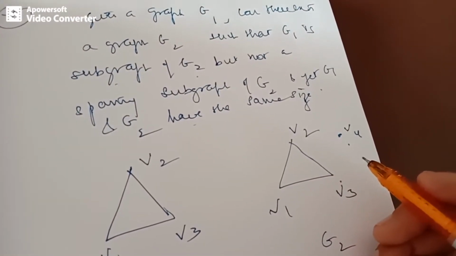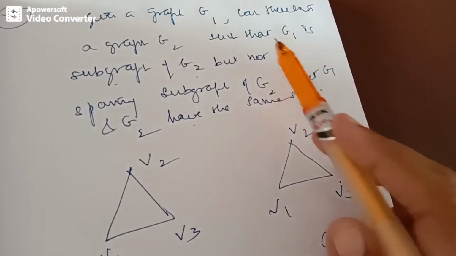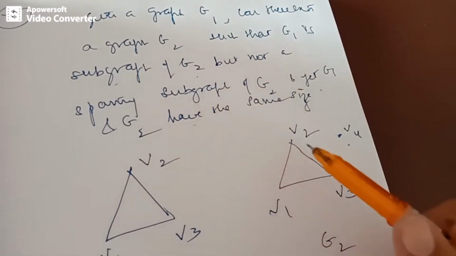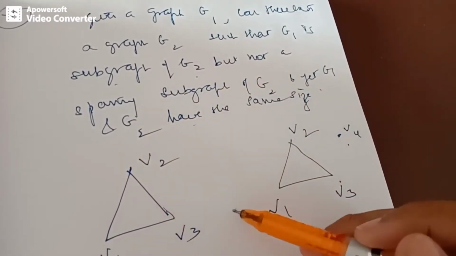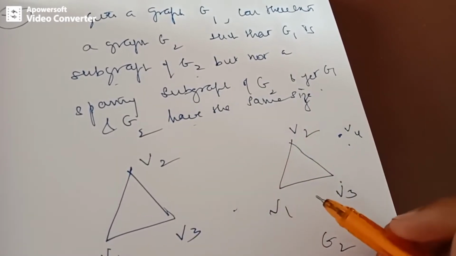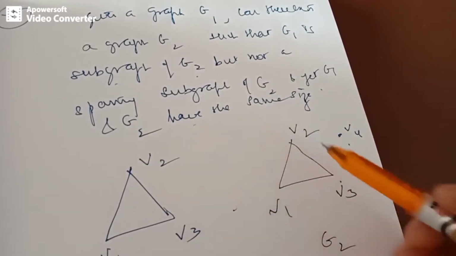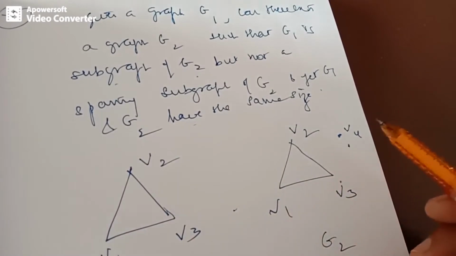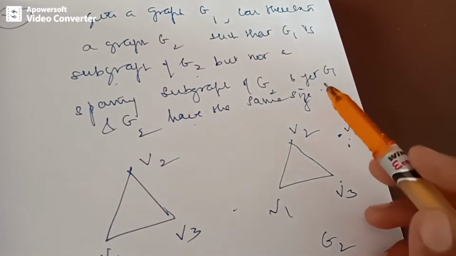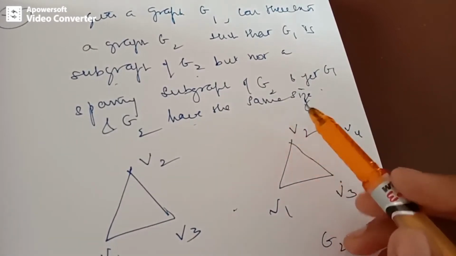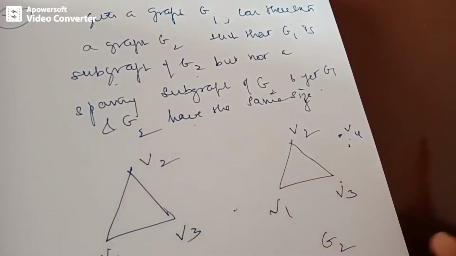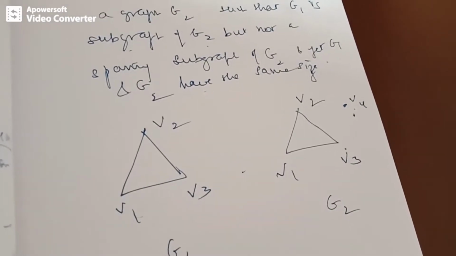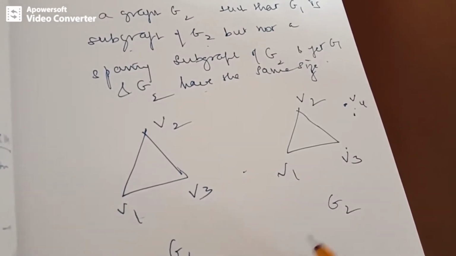So what is satisfied is we can have a subgraph of each other, but not a spanning subgraph. That means the number of vertices are not the same in both the graphs. Yes, by this example it is true, right? One more isolated vertex we have got, but yet we have got the same size. That means the same number of edges, right? So this is possible. Therefore, such a graph is possible. You can conclude with the explanation.